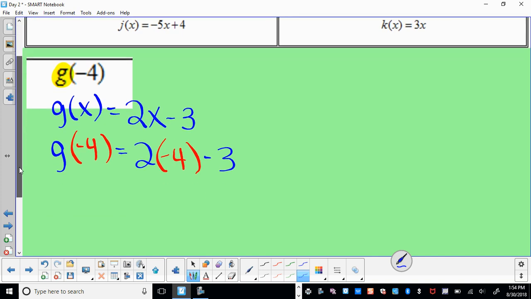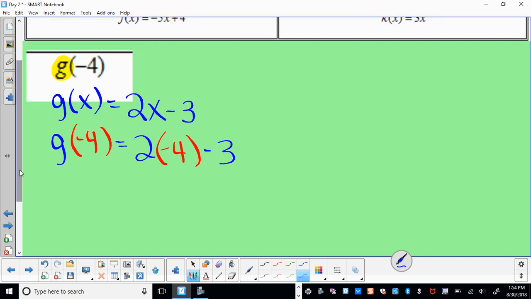Because I have all numbers, I can just put this right into my calculator, let me know what you guys get. This is PEMDAS. Your calculator does PEMDAS for you if you use your parentheses correctly, or you can do it by hand. 2 times negative 4 gives you negative 8. Negative 8 minus 3. You should get negative 11.